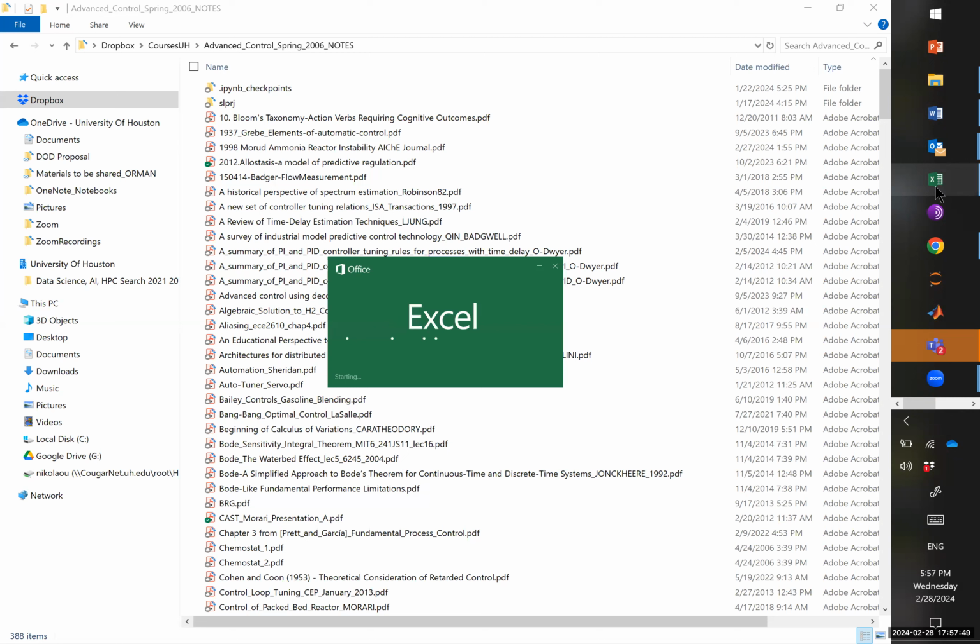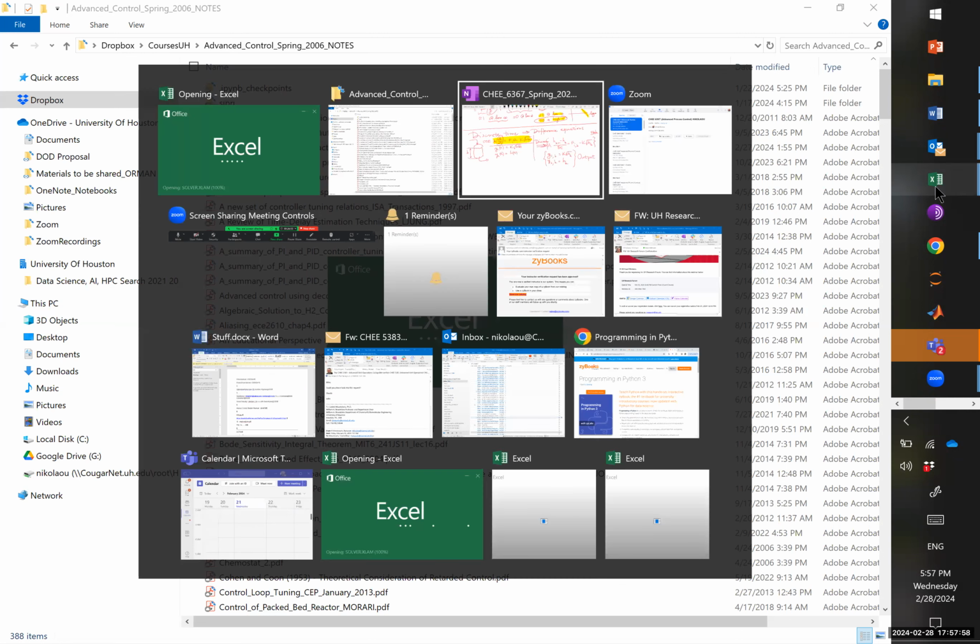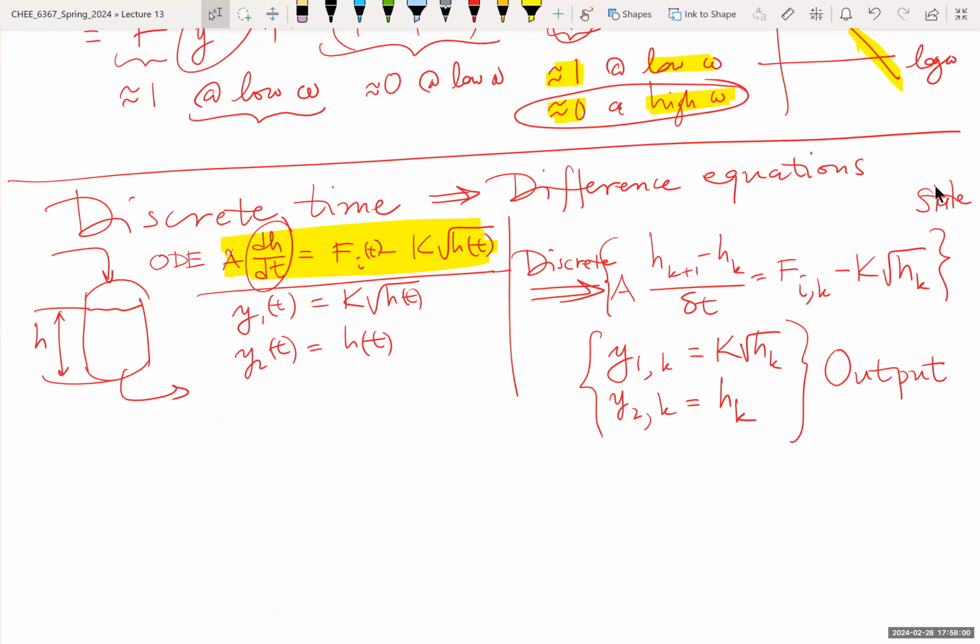But Excel is good enough so you can simulate those things easily. So let's see what we're going to simulate while Excel is starting. We're going to have columns that say what is H, given the U, which is the inlet flow rate. And we'll see this at, let me make it a little better.